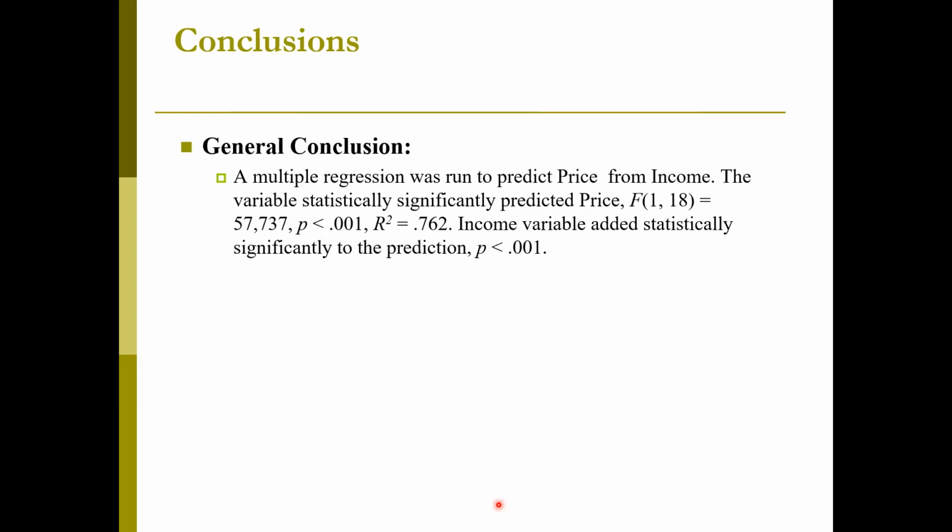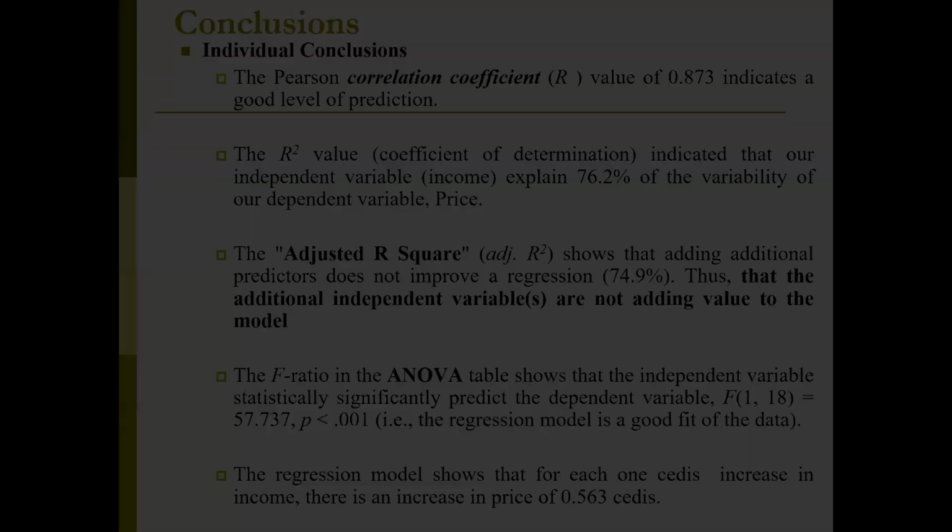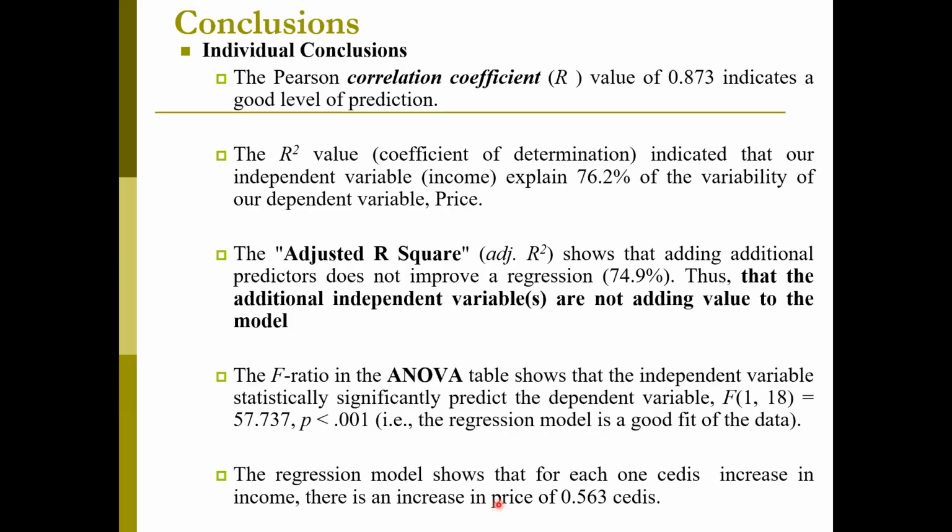R squared is equal to 0.76. Income variable adds significantly to the prediction. You can see that in your rules. Good. And it is correct. But I would prefer you give the individual conclusions. That makes it interesting.